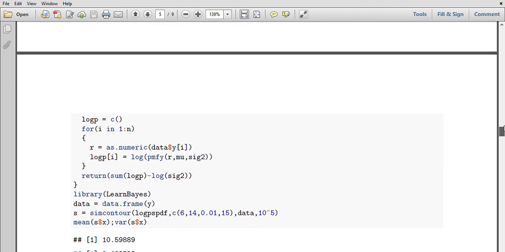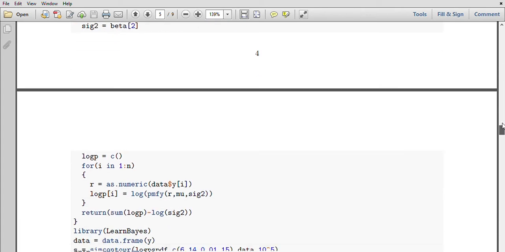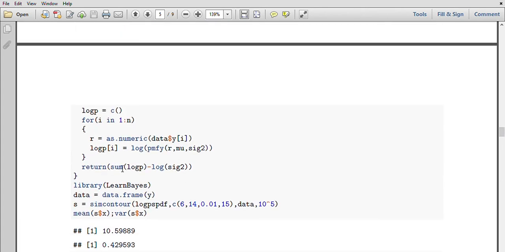This minus log of sigma square I have considered here. So ultimately the function logpost PDF will return the sum of log p, where log p is a vector which contains the logarithm of the PMF of y for every observation, and minus log of sigma square. This function is going to give us the logarithm of the posterior distribution of mu and sigma square conditioned on y.